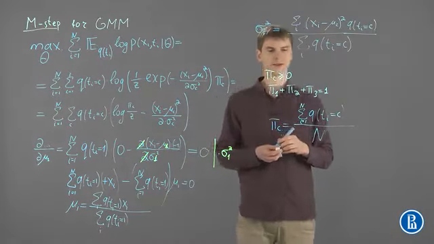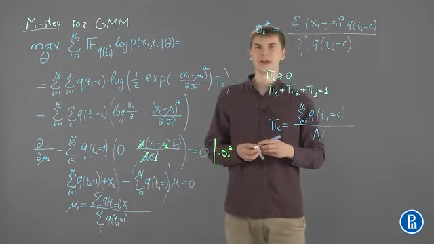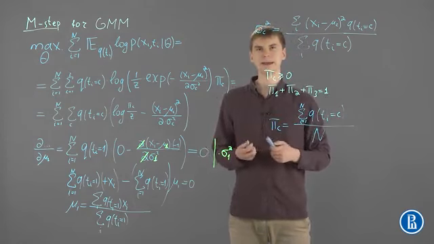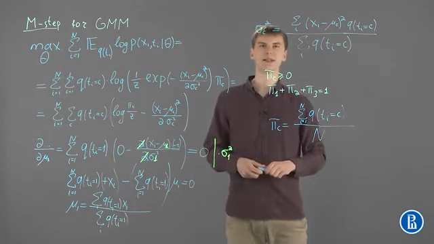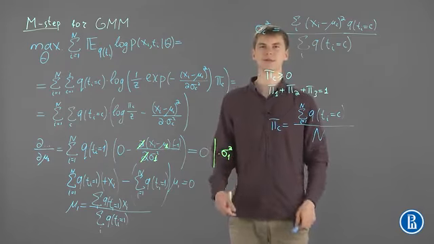And so you can see here that when you apply the general form of the expectation maximization algorithm to the Gaussian mixture model, the formulas basically coincide with what we got when we applied some intuitive considerations to derive them.